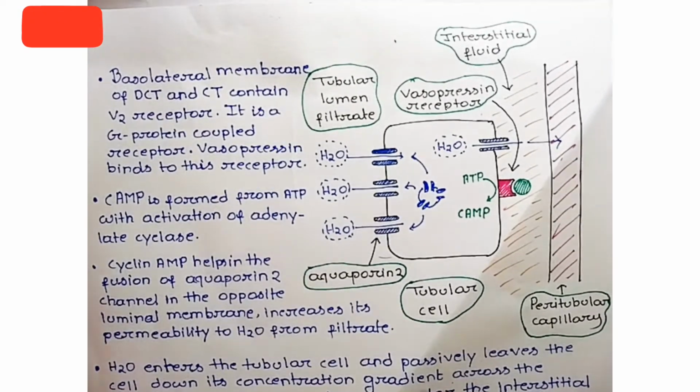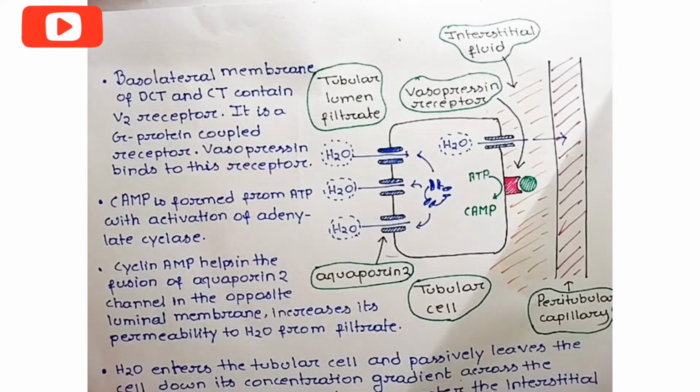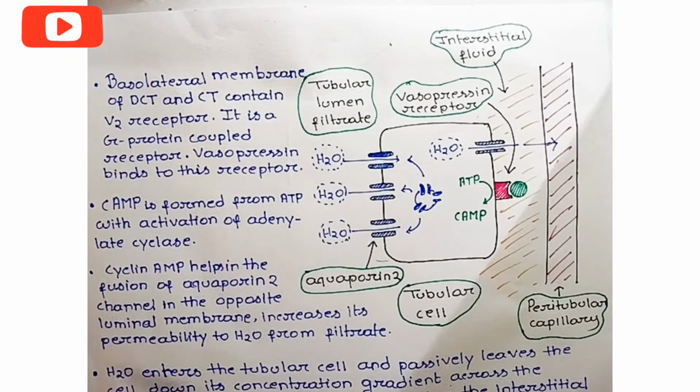So this is the function of vasopressin, and in a later video we will discuss in detail how vasopressin works in H2O deficit conditions, and whether vasopressin has any effects on the distal tubule and collecting duct when we have excess H2O.